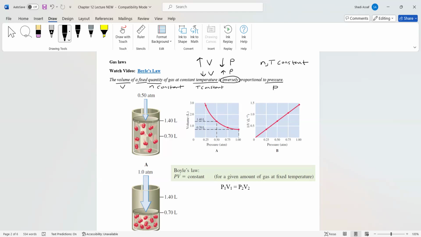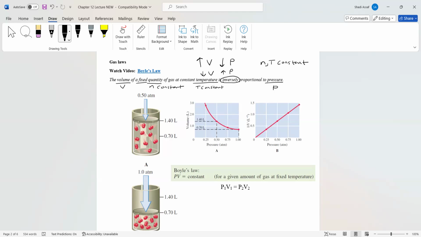So that's what the word inversely proportional means. And you can really examine that if you have a balloon, and if you squeeze on that balloon, you know that as you're trying to decrease the volume of this balloon, you feel more tension, you feel that pressure.